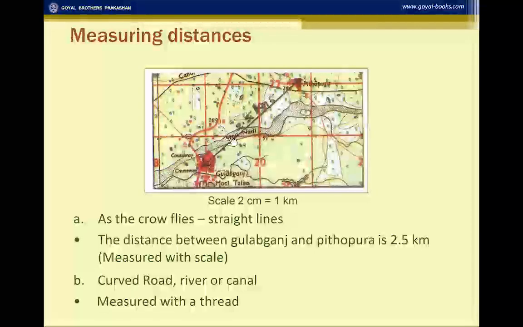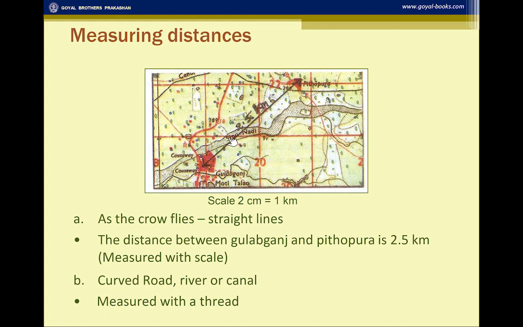Take the thread, knot it first, put a knot, mark it and put it at the starting point, suppose you are going to measure the length of the metal road.